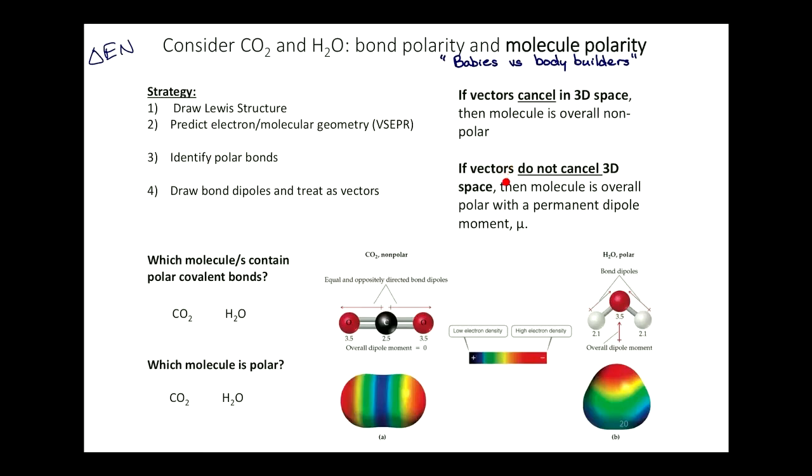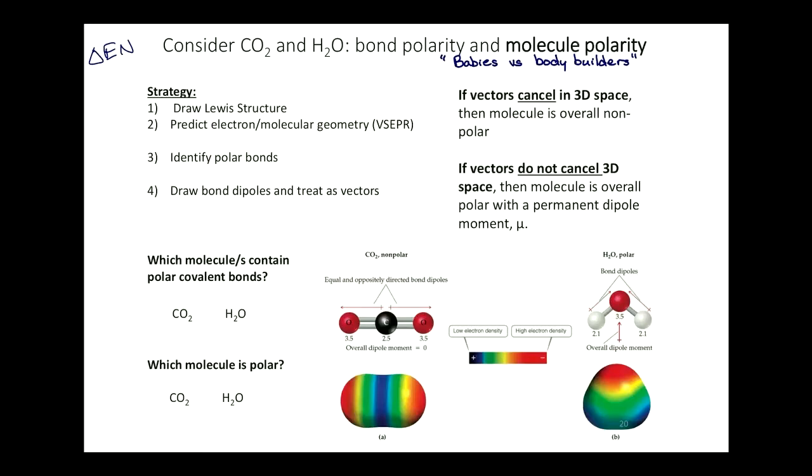So if the vectors don't cancel in space, then that molecule is polar. We're not going to do any actual vector math. We'll just say, is the molecule polar or not polar? The example here is water. Because of the arrangement of the bonds, both of those bond dipoles are not canceling in 3 dimensions, so we see an overall net permanent dipole in one direction. That's why water is a polar molecule.